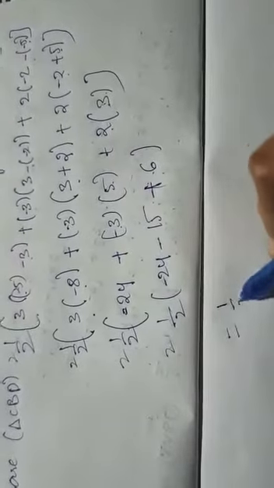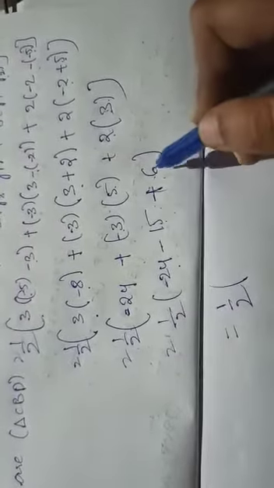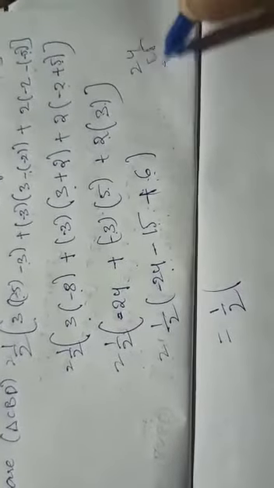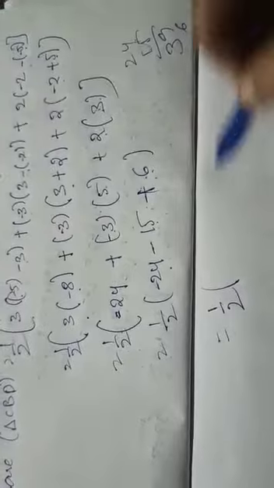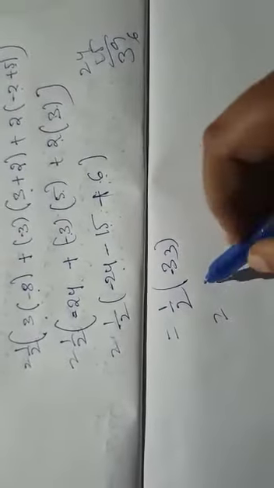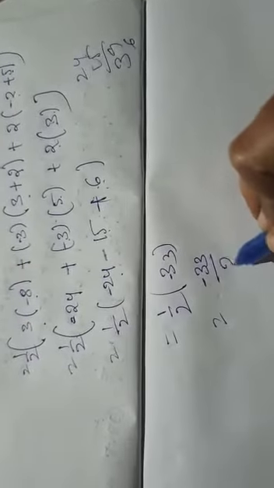Which is equal to 1/2 into (-24 minus 15 plus 6). 24 plus 15 is 39, minus 6 is 33, so minus 33. Therefore, here we get minus 33 by 2.